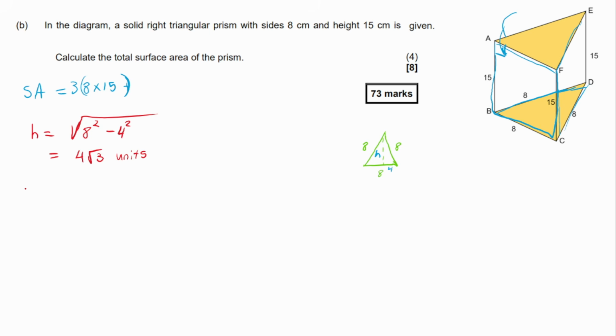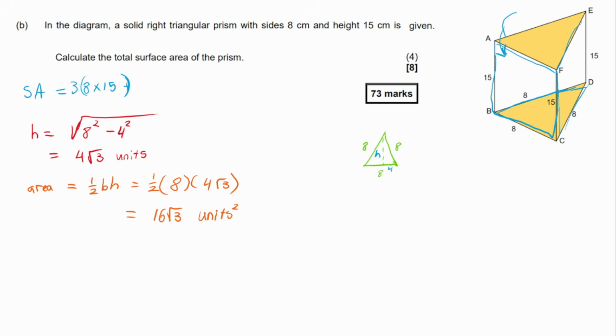Now if you want to find the area of the triangle, the area is equal to a half base times height. So that's a half, our base is this 8, and our height is this 4 root 3 units. If we evaluate that, we get 16 root 3 units squared, or square units.